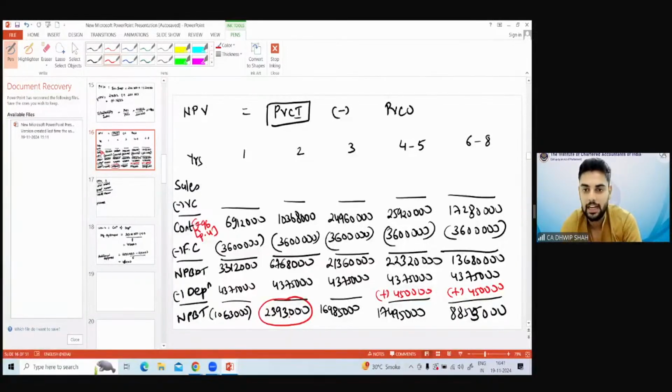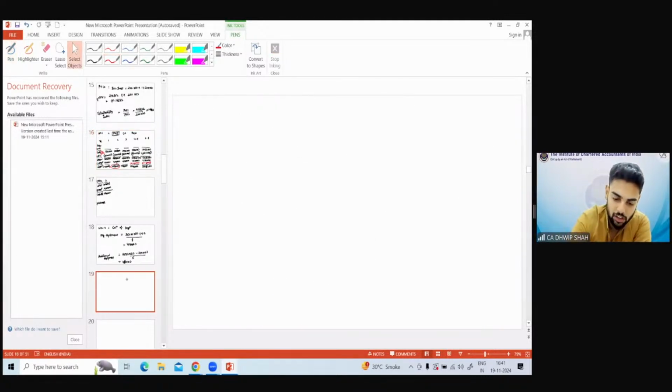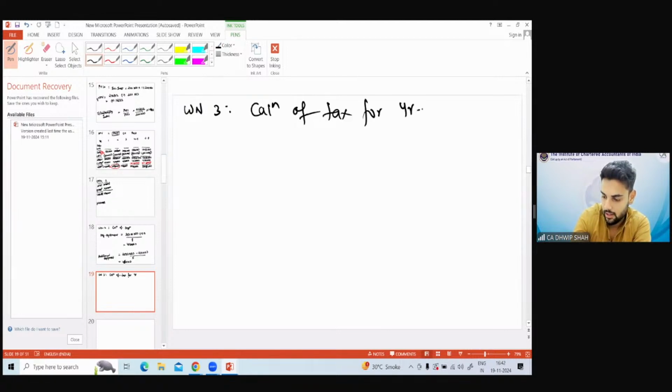I don't need to pay taxes on 2393. I will set off this loss first and then calculate the taxes. This is mentioned in the question. Loss of one year needs to be set off against income of another year. So working note 3 would be calculation of tax for year 2.